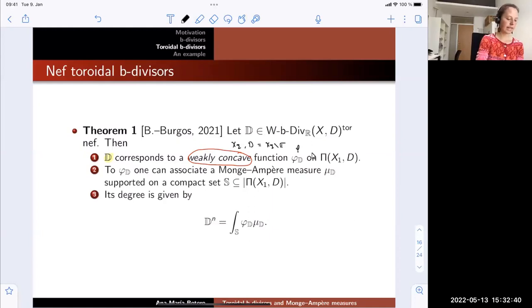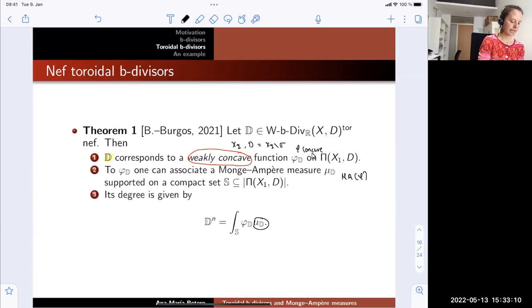In the toric case, this Monge-Ampère measure is the classical Monge-Ampère measure associated to a concave function. And then the degree of the b-divisor is computed as the integral of this weakly concave function along this compact set with respect to this Monge-Ampère measure.